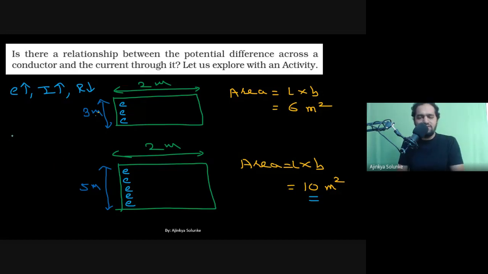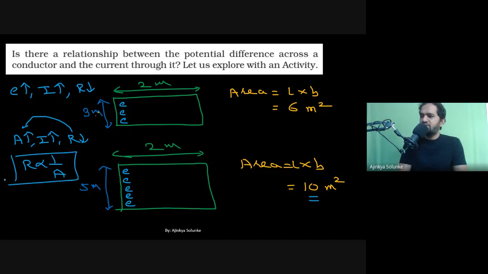Can we say if area increases, current increases, and resistance decreases? So that means the relation between R and A is inverse. It's an inverse relation, because if your resistance is increasing, your area is decreasing. It's a reverse format. Okay, so we have two things.